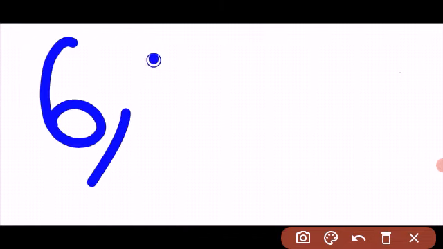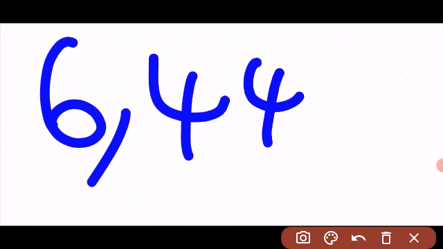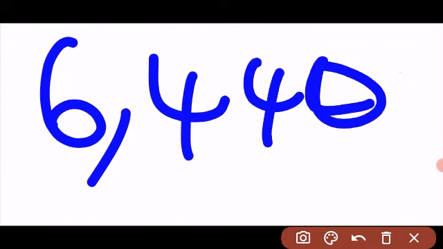Sorry, it is 6,440. Because we are multiplying 10 by 644, we copied the 644 back and then we added our 0, which made it 6,440.